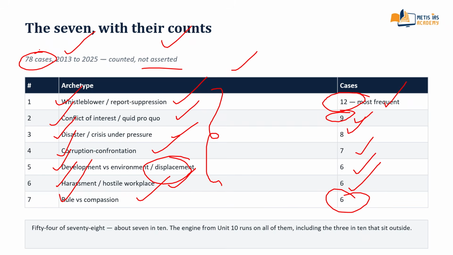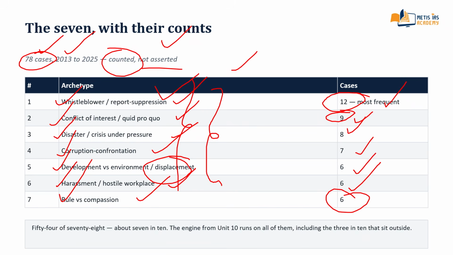So in 78 cases, these seven types were asked from 2013 to 2025. We have to understand every case study under these seven archetypes.